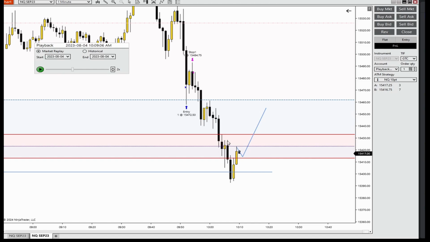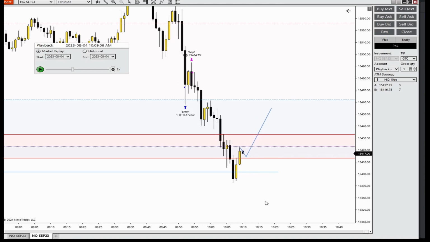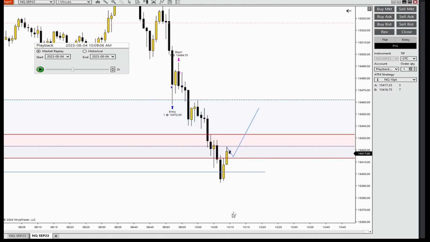If we don't break this high, or we break this high and then immediately have violent movement closing underneath this, now we've got a bit of a different situation, because that's not what we want to see. However, if we want to get long, we need to have very specific criteria because we're buying the break of trend, which gives us an excellent risk reward.